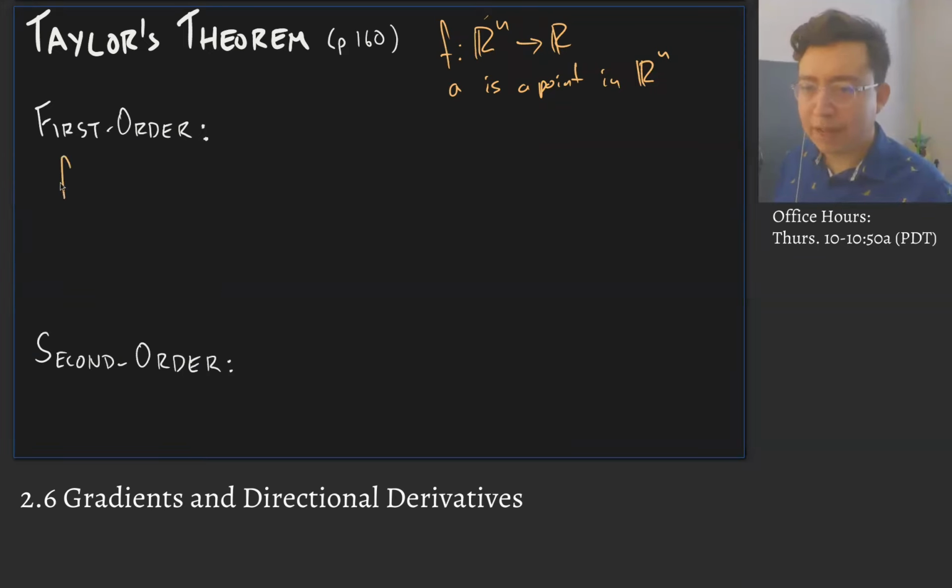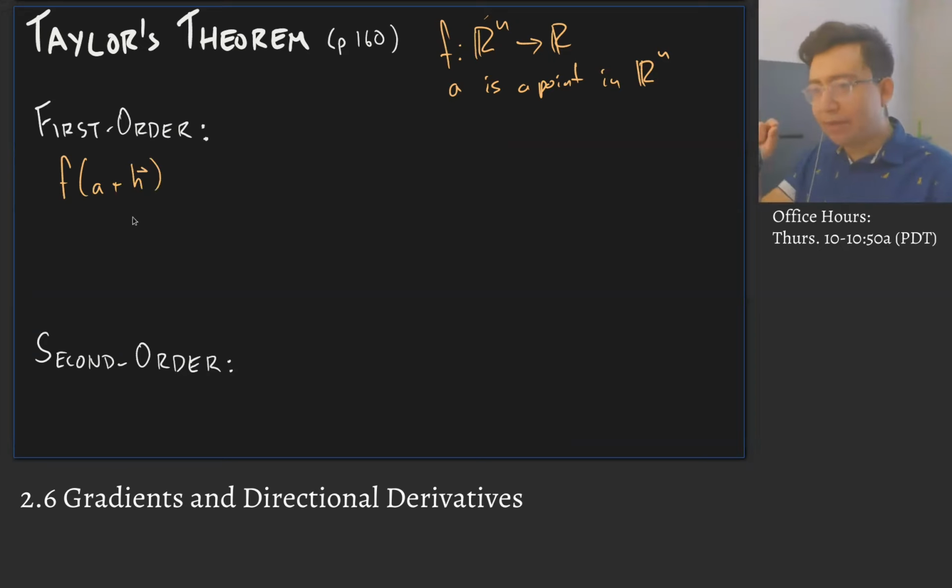F is going to take in some a, a point in Rn, plus this vector h. This here is going to be a vector, right? Basically, we're saying this h here is going to be something that's small.